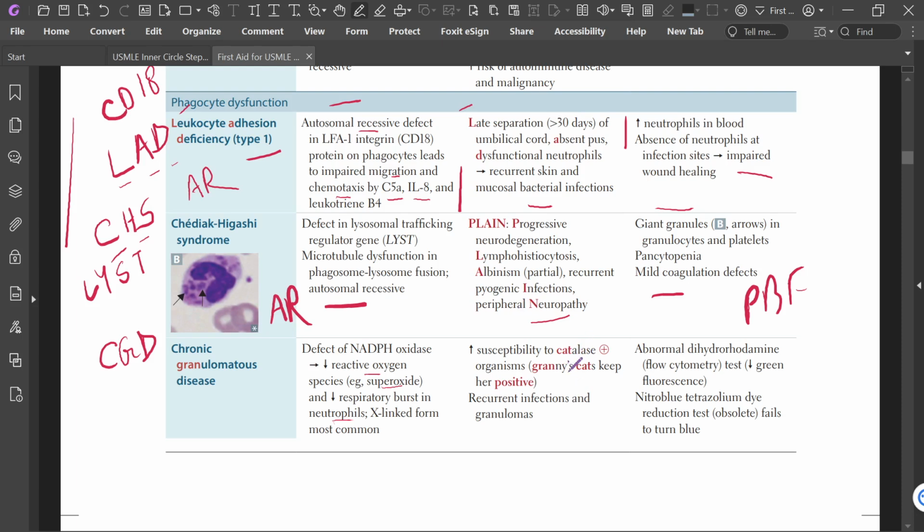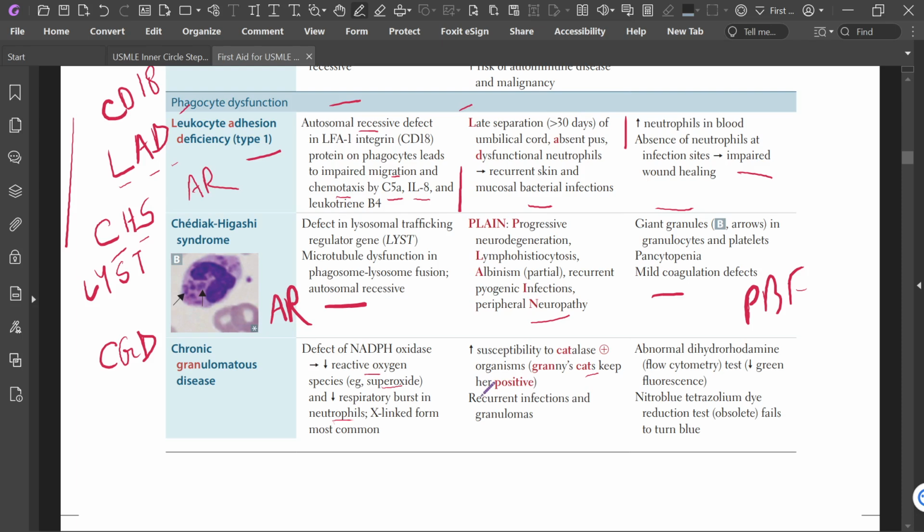There is increased susceptibility to catalase positive organisms. What are the catalase positive organisms?